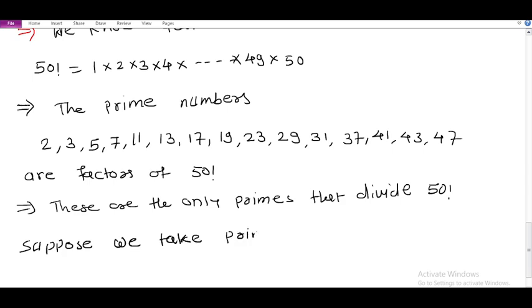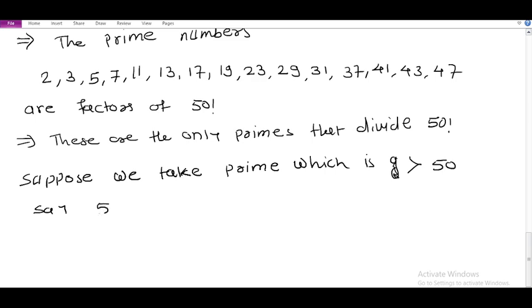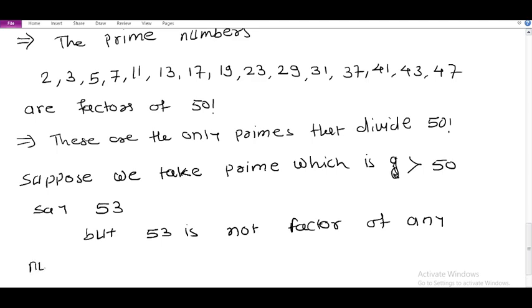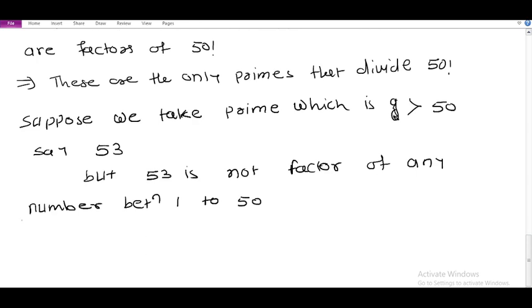Suppose we take a prime which is greater than 50, say 53, but 53 is not a factor of any number between 1 and 50, and hence these are the only prime numbers.